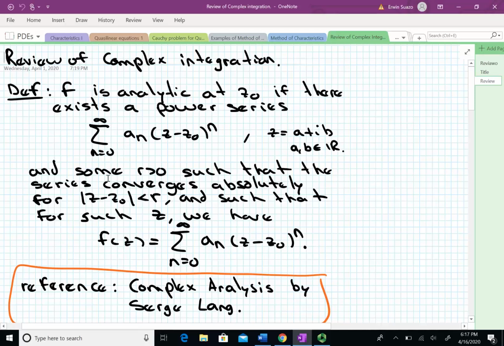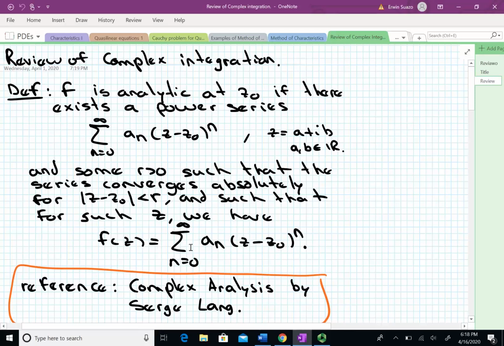And this is a power series, and this series has some radius of convergence, and the convergence is absolute. So around a radius of convergence, the function can be written in this form.